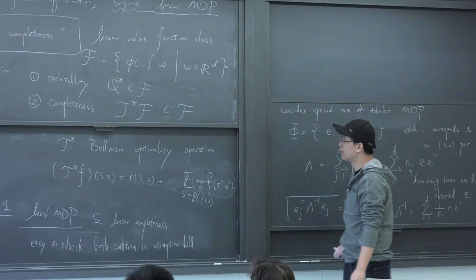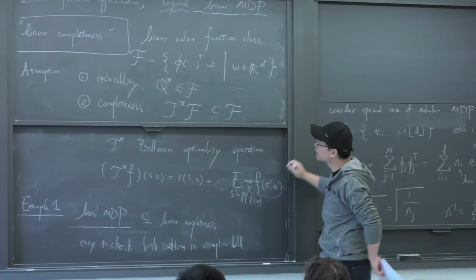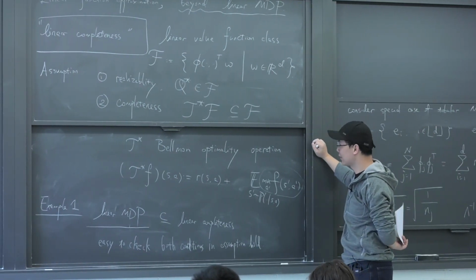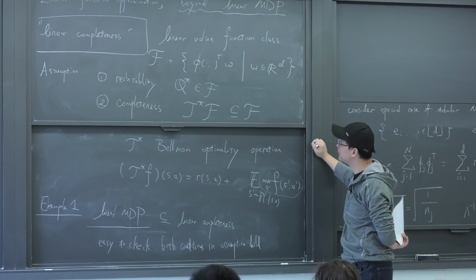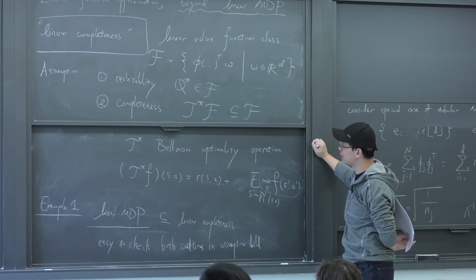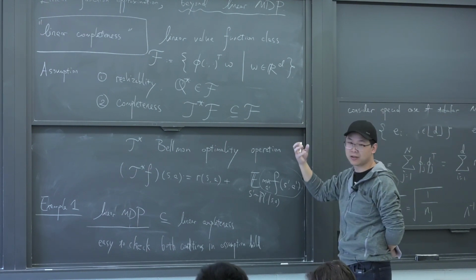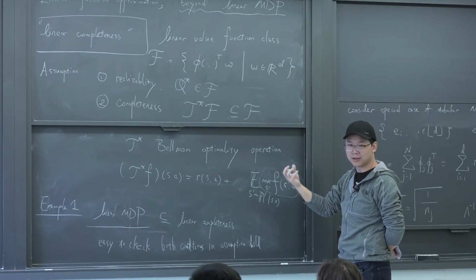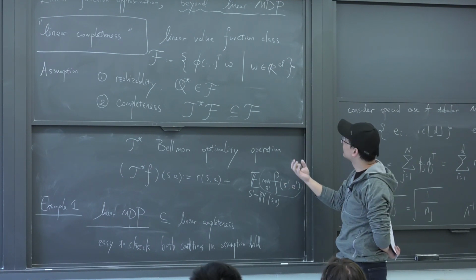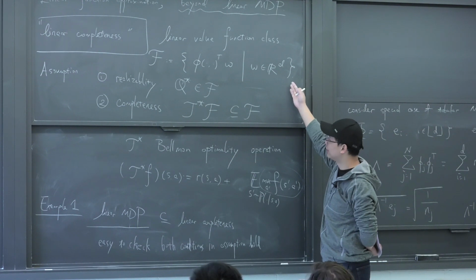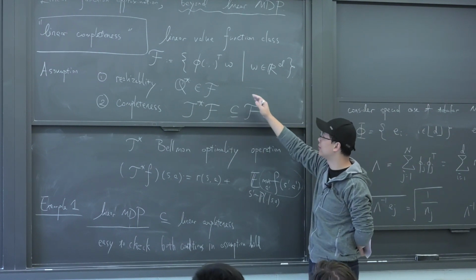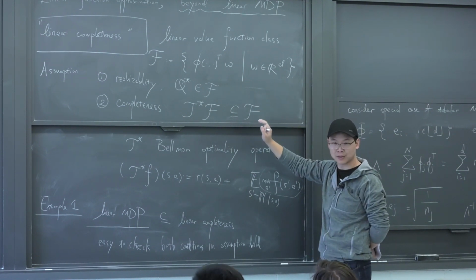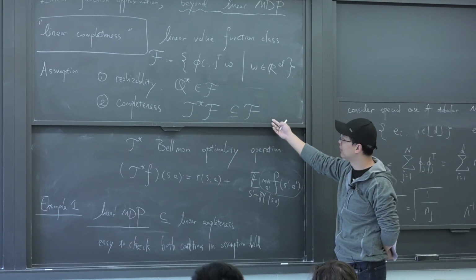The first assumption is also quite straightforward. And I think the first assumption is actually a bit redundant. If you already say the value function in the last step is 0, and you also see 0 is in this F, then this completeness will basically guarantee realizability in some sense, because the optimal value function is this T star.